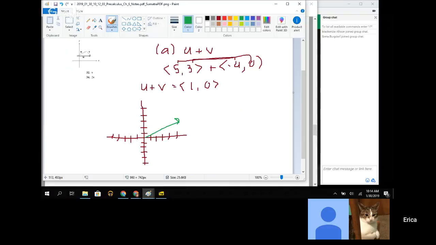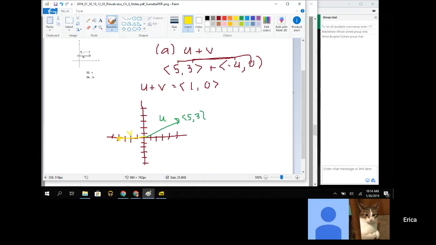And vector v is at negative 4, 0. This is vector v.